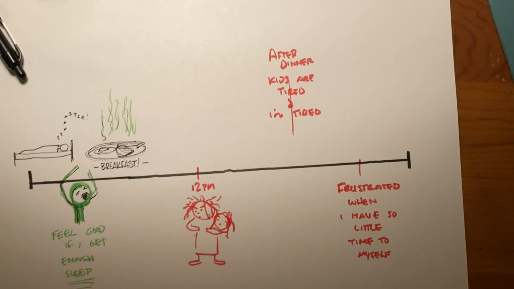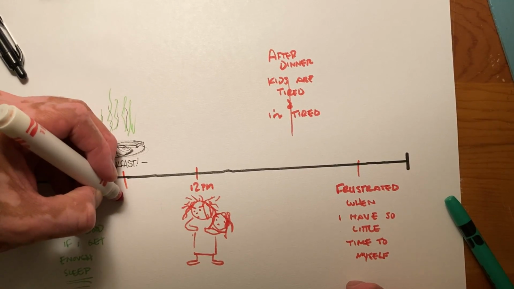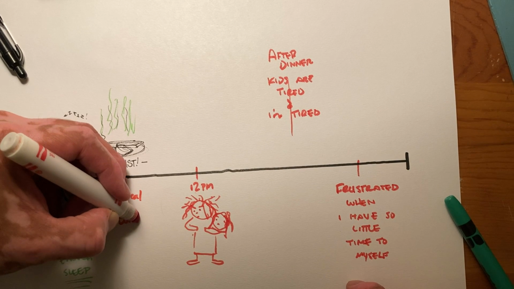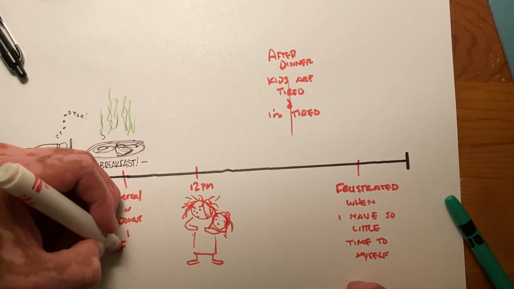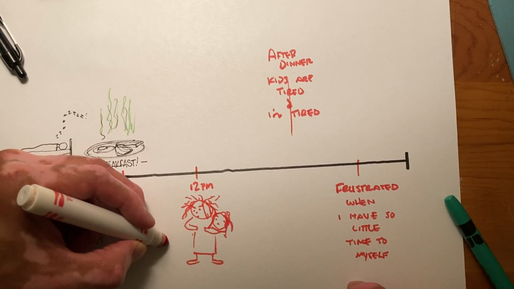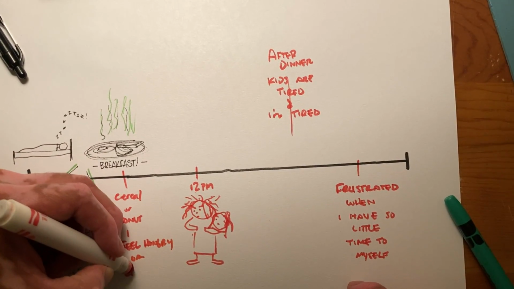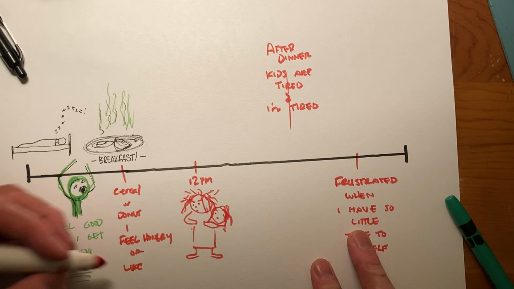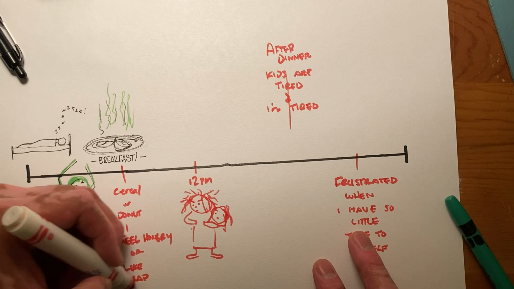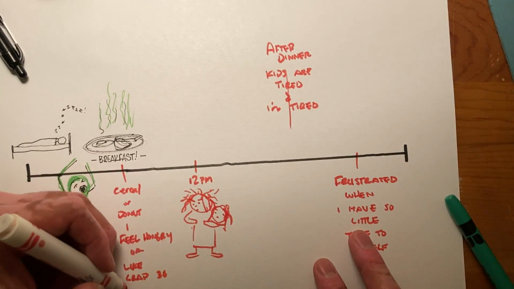One red thing is if I eat just cereal or a donut, I feel hungry. Or like crap. Like 30 minutes to an hour later.